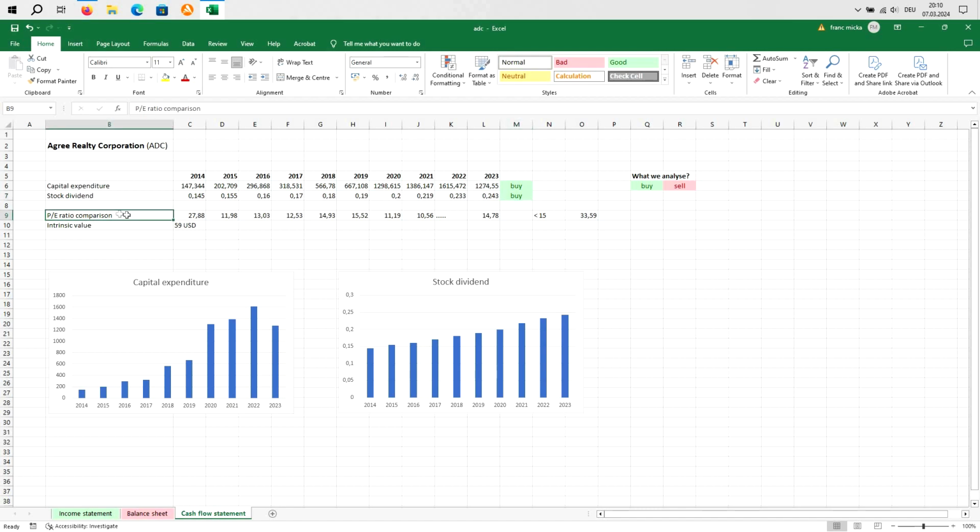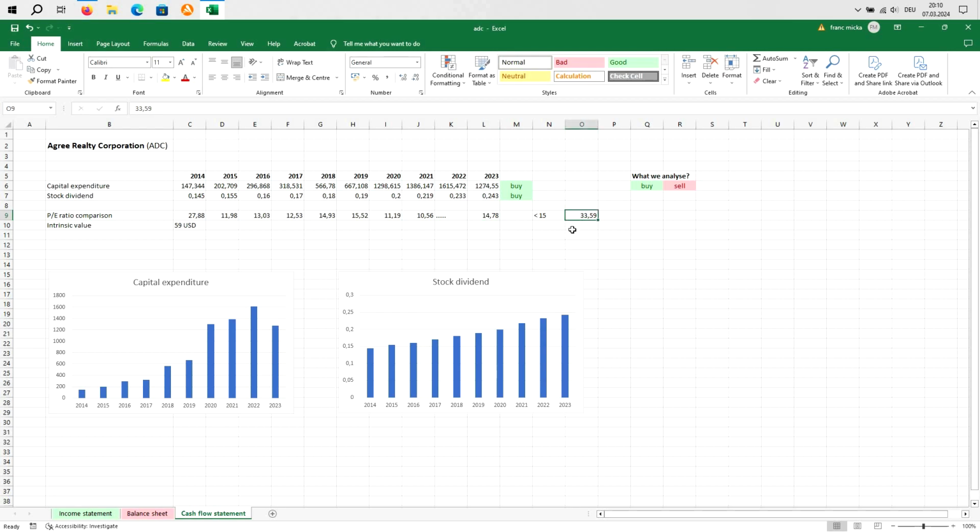And now here we come to the new data that we will analyze, meaning P/E ratio comparison with the competitors, okay? And here I listed top 8 competitors that this company has. And as you can see, bro, their average is around 15. And preferably we want this to be less than 15, okay? And here, I mean, not percent, this is just the normal ratio, okay?